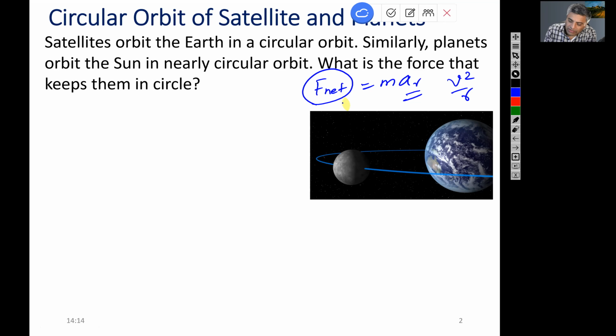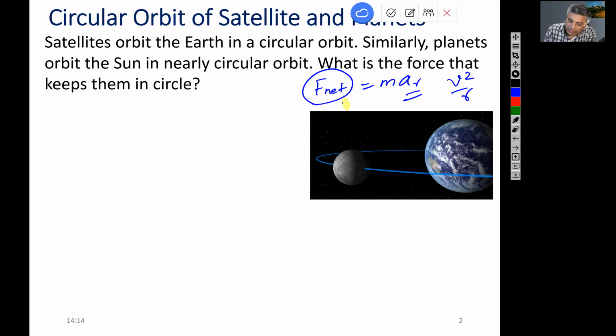Depending on how far we are, if we want to measure that height from the surface of the Earth, then we can replace R by R_E plus H, right? If the height is 0, that means R is just the radius of the Earth.